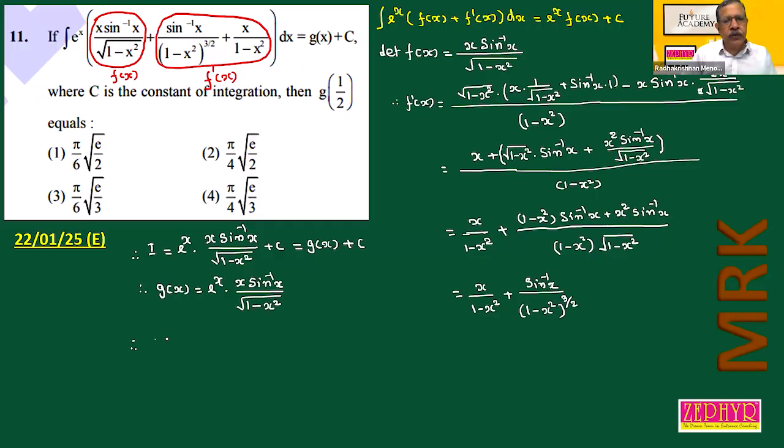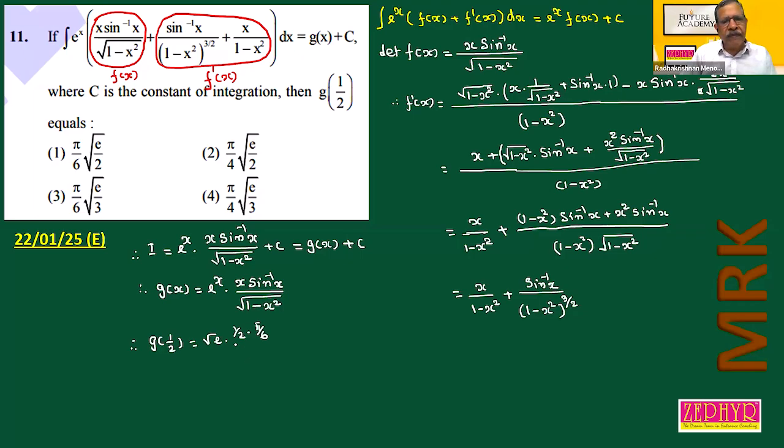Therefore, g of 1 by 2, put x is equal to 1 by 2. So we are getting e raised to 1 by 2, that is root e, into 1 by 2 into sine inverse 1 by 2. What is sine inverse 1 by 2? Pi by 6.